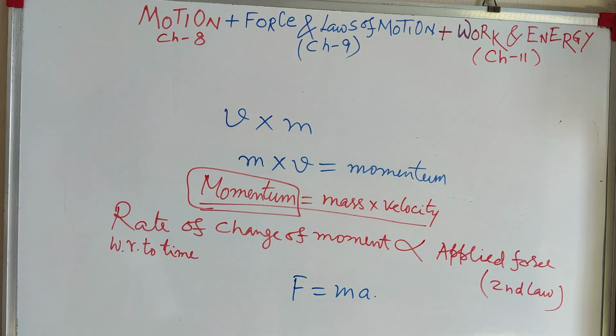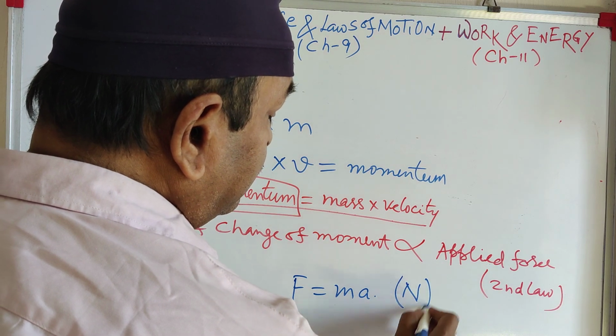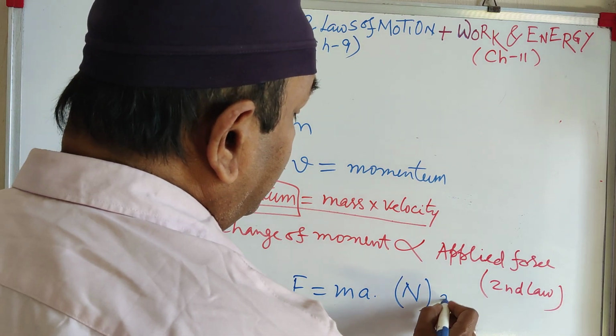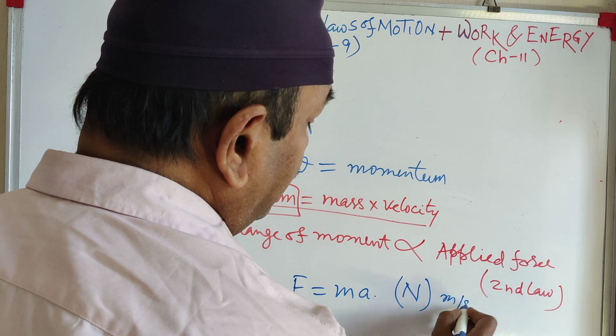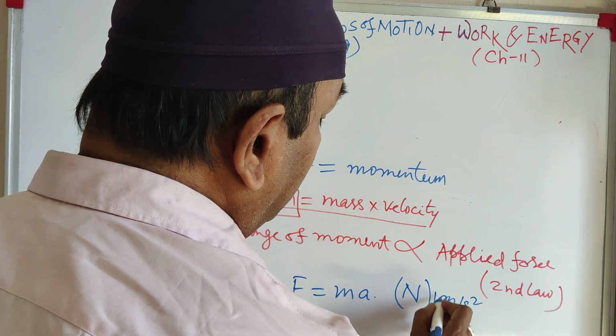To make the video shorter, I am just coming to the formula. F is the applied force, and the rate of change of momentum finally becomes ma, mass into acceleration. So the force unit is Newton, that is kg meter per second square.